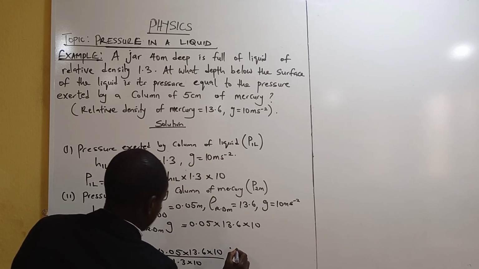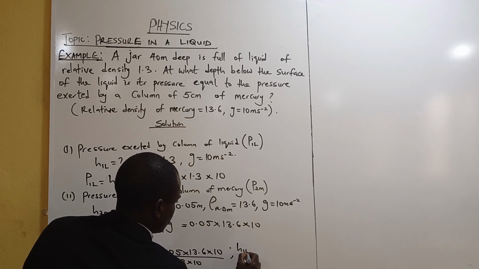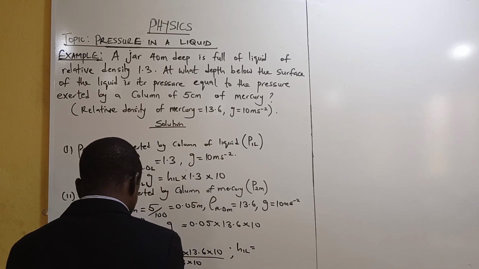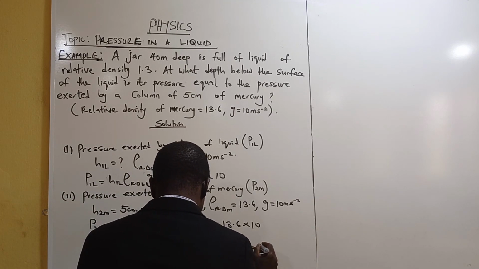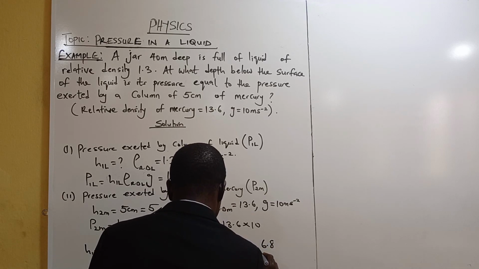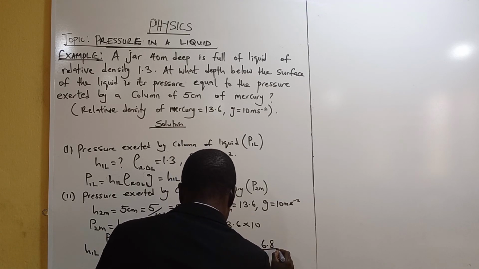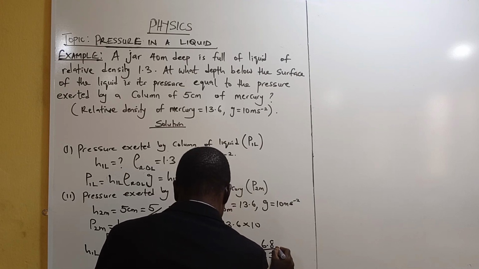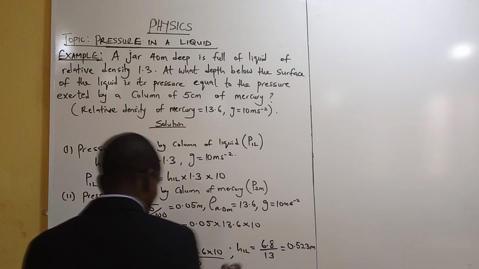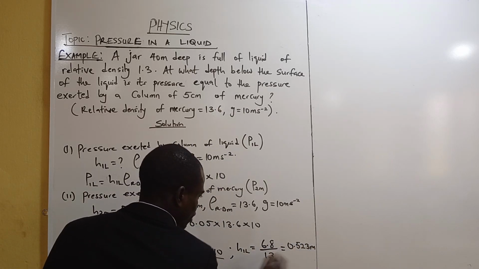You have H1L equals, when you multiply the numerator, 6.8 divided by 13, equals 0.523 meters. Now to convert it to centimeters, just multiply by 100.